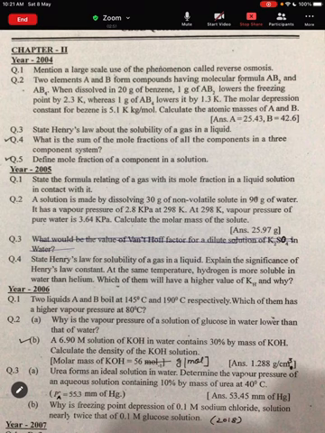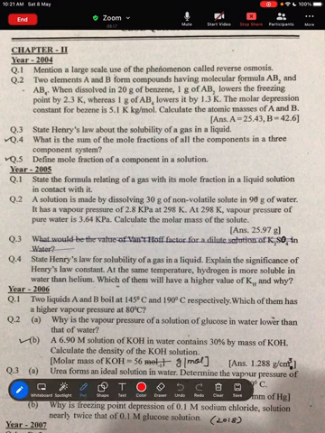The molar depression constant for benzene is 5.1. This is for the solvent. This value is Kf, that is 5.1 kg per mole. Calculate the atomic masses of A and B.